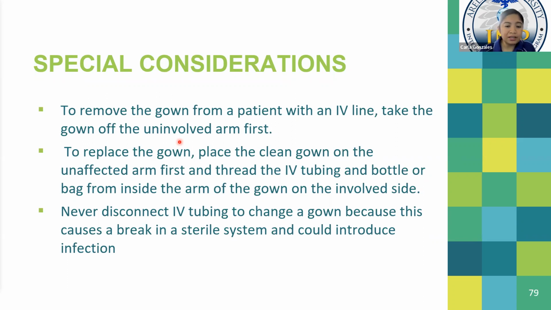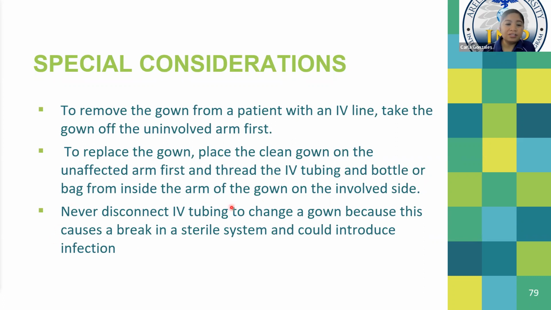So when replacing the gown, you place the clean gown on the unaffected arm first. Okay, and then thread it over the bottle of the IV tubing and bottle or bag from the inside the arm of the gown of the uninvolved side. When you read it, it's not very easy to imagine, no? So you will appreciate this more once you view the video and once we practice at school.